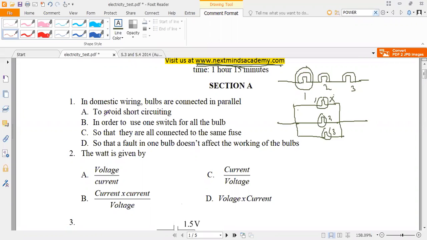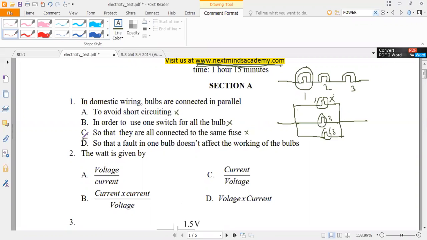So looking at the options that we are given, part A says to avoid short circuiting. This is not quite a better explanation. In order to use one switch for all the bulbs, even in series, we can use one switch so that they are all connected to the same fuse. This is not what we are looking for, so that a fault in one bulb does not affect the working of the other bulbs.